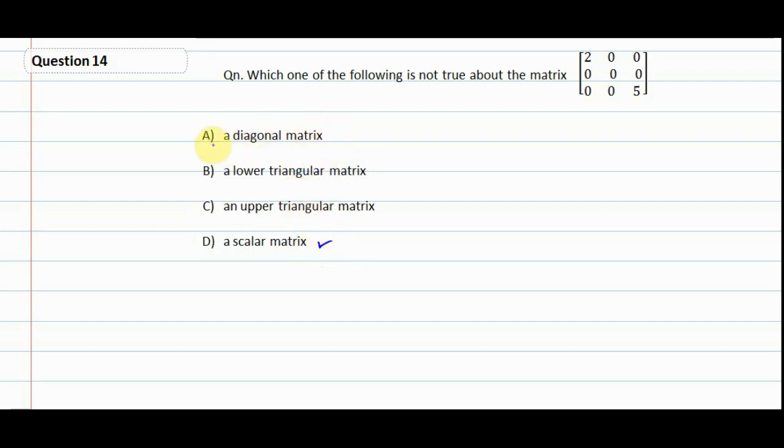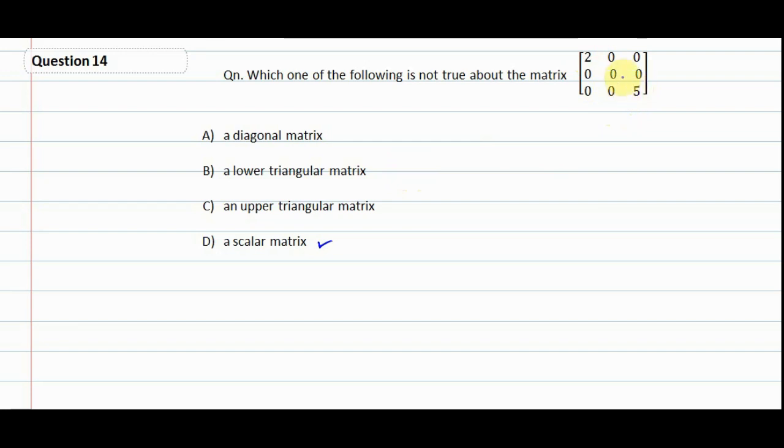Statement A says that it's a diagonal matrix. That is true because you can see that all non-diagonal elements are zeros. So this statement is correct. Now option B says a lower triangular matrix. That too is correct because for a lower triangular matrix, all elements above the principal diagonal are zeros. Here this is the principal diagonal or main diagonal.